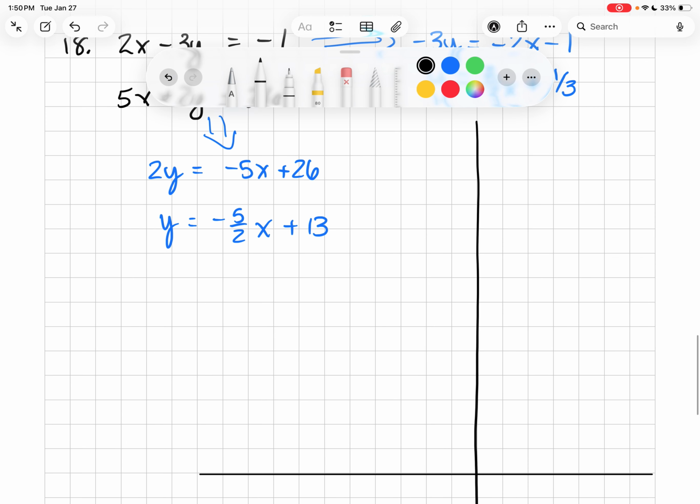All right, so I'm just going to graph this one first because it's the one I can currently see on my paper or on my iPad. So y-intercept is 13, so I'm going to go up to 13. I think that's 13. Then I've got a slope of negative 5/2, so that means down 5, right 2.